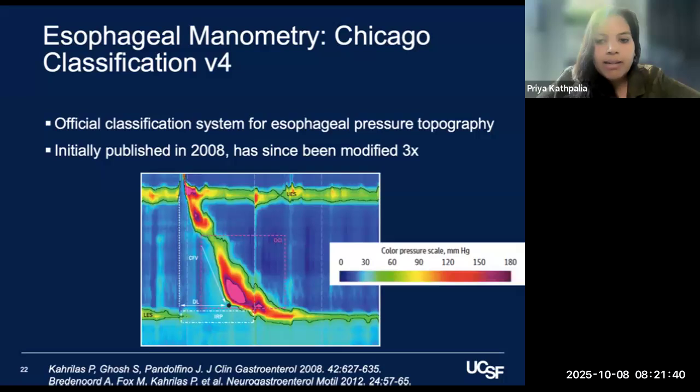The first thing to recognize is that time is on the x-axis and the esophageal position is on the y-axis. And warmer colors tend to represent higher pressures, lower pressures are colder colors. And then the top bar is where the upper esophageal sphincter is. And then the bottom bar represents the lower esophageal sphincter. And you can see it opening here to allow passage of the bolus into the stomach.